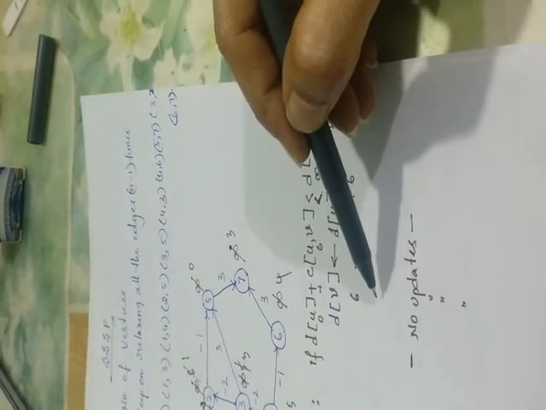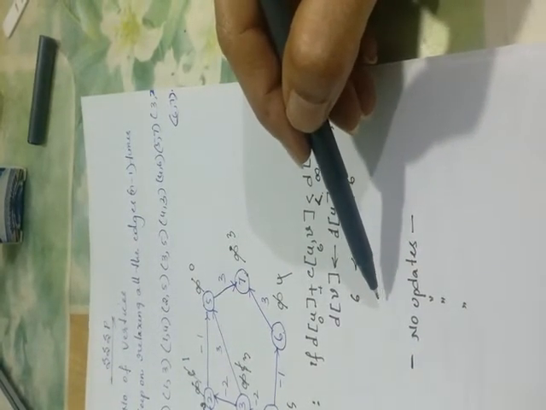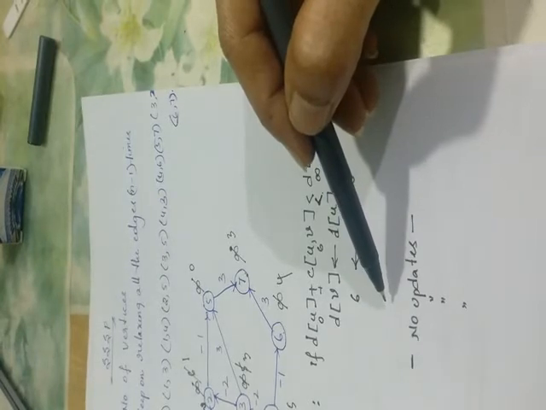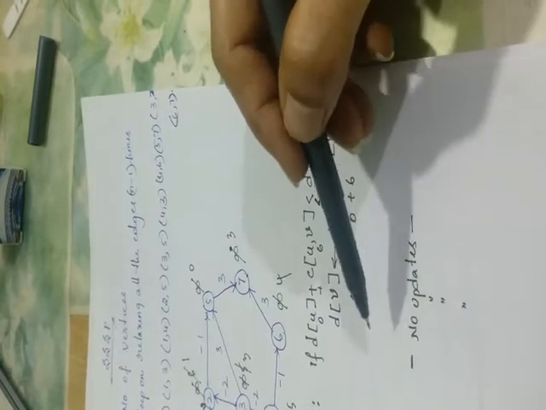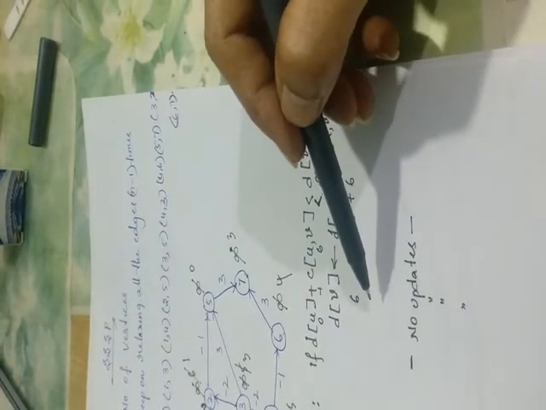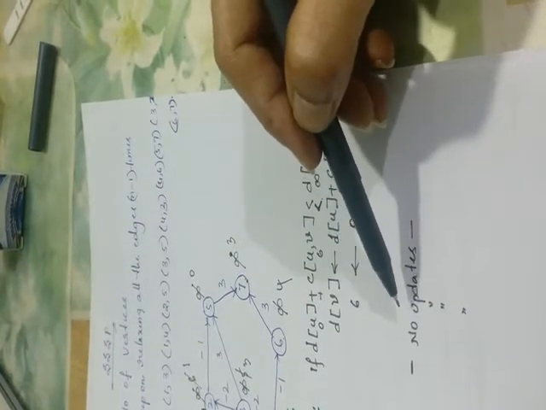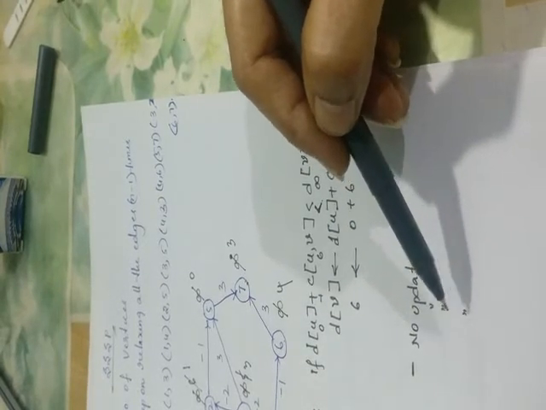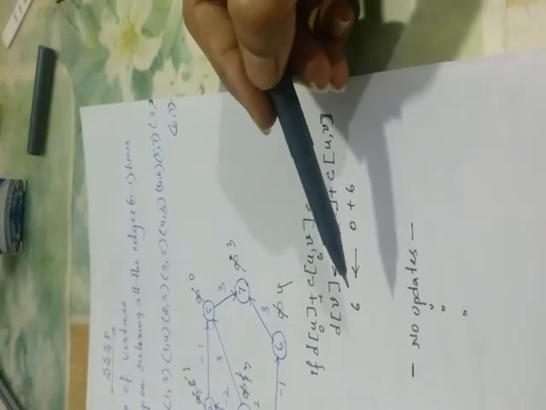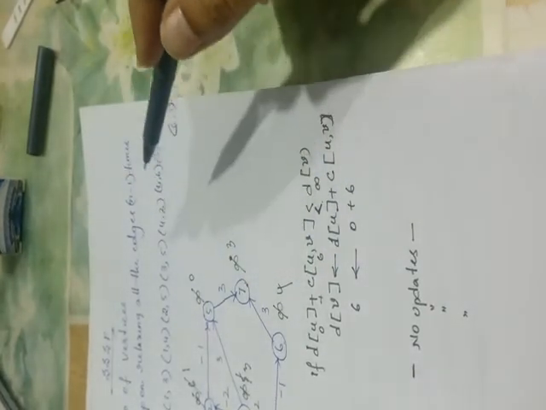So as soon as we don't get any updates, up to 6, that is n minus 1 iterations, that is what will be considered for Bellman-Ford. Once you don't get the updates, that means you are not going to get updates in the next iterations. So then we will stop the algorithm.